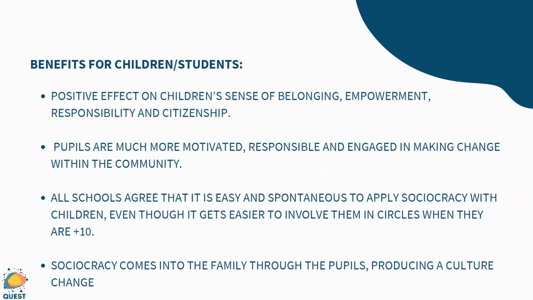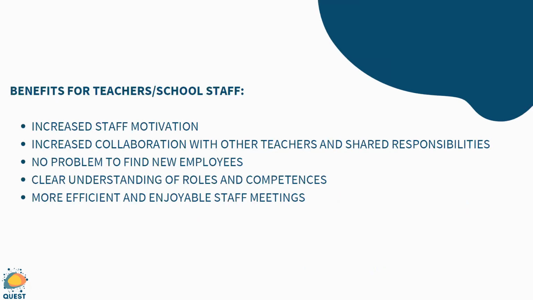All schools agree that it was easy and spontaneous to apply sociocracy with children, although it gets easier when children or students are more than 10 years old. Another positive effect is that sociocracy is spread into families through the children and students. This created a big cultural change that doesn't remain in the school but spreads in society.